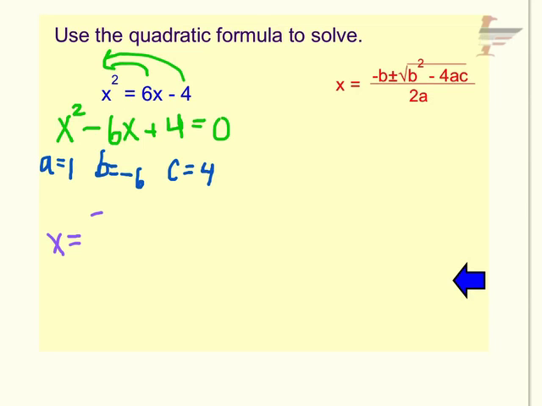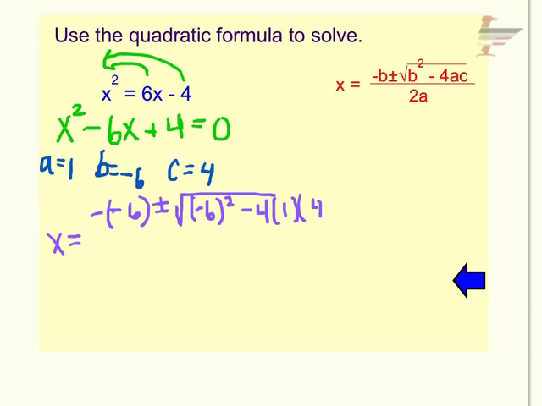x equals negative b, so a negative and then a negative 6, plus or minus the square root of b squared, so negative 6 squared, minus 4 times a times c.